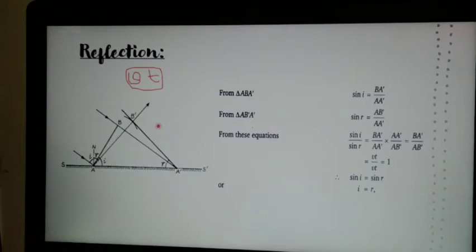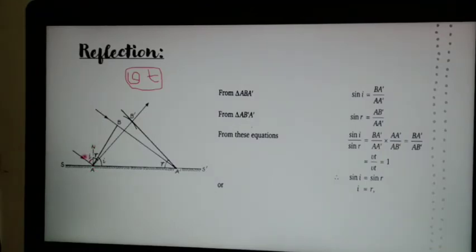Okay, so this diagram you have to learn to draw. See, I already told you this AB is the incident wavefront. Already the light ray has reached there, the point A. There you can make a normal at the point of incidence. So the incident light ray makes an angle I, and the reflected light ray makes an angle R. That is the normal drawn here to the wavefront.